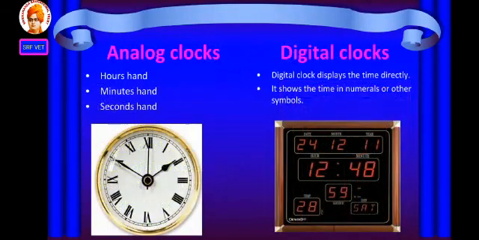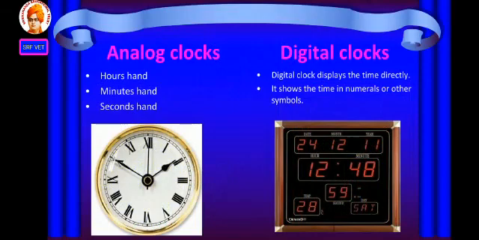Analog clocks. It looks like a classic clock. It has three hands to show the time. Hour hand: it is short and thick. It shows hours. Minute hand: it is long and thin. It shows minutes. Second hand: it is long and very thin.